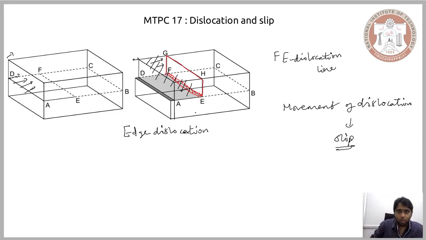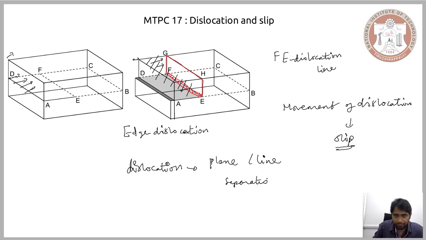So therefore, one way to distinguish or identify the dislocation is that it is the plane or the line that separates the slipped and the unslipped region.